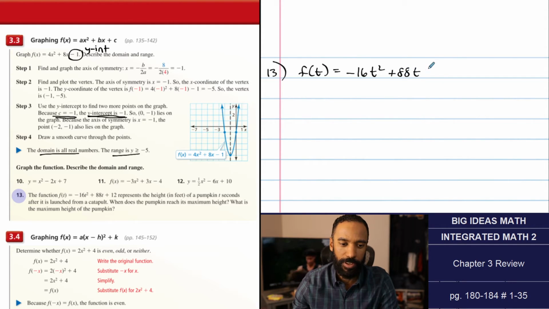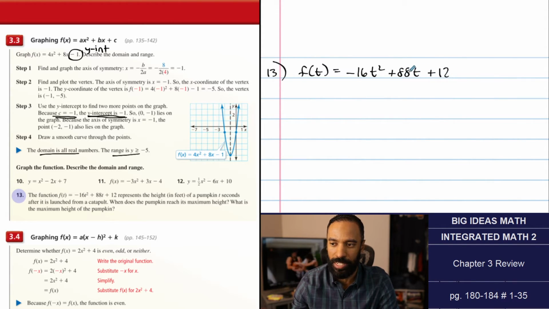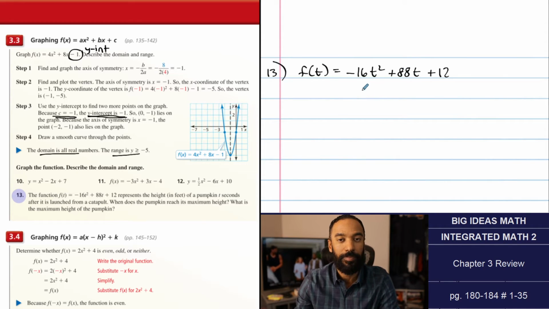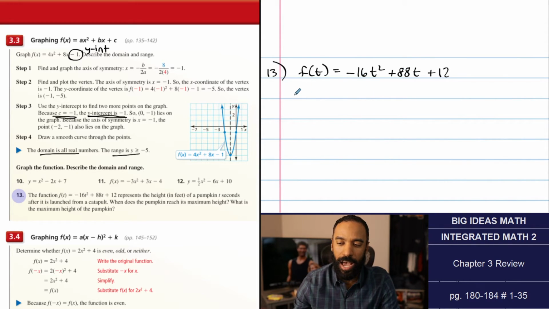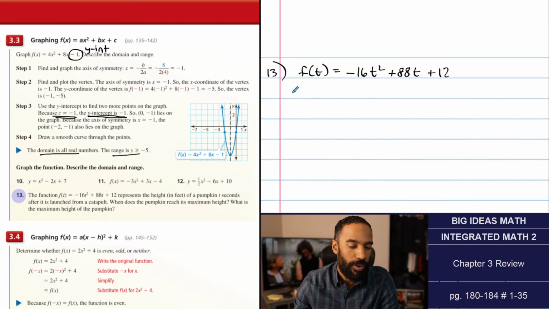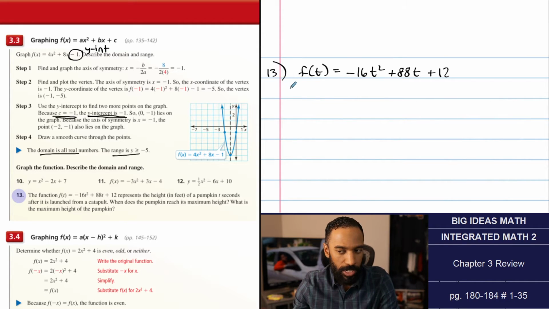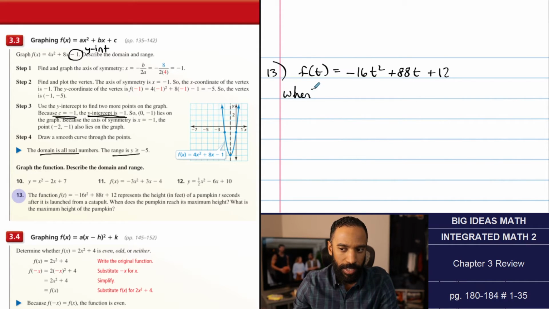Because it's a word problem, if there's a fraction sort of answer, I might instead use a decimal, so I might run to the calculator for that. So let's see what we got. As far as the vertex goes, when does it reach its maximum height? When? That's when the t value reaches maximum height. That's the axis of symmetry, t value.